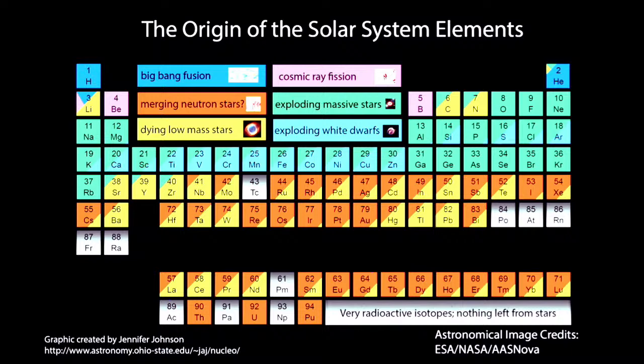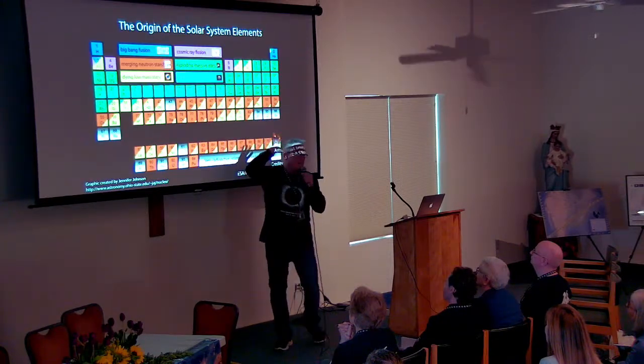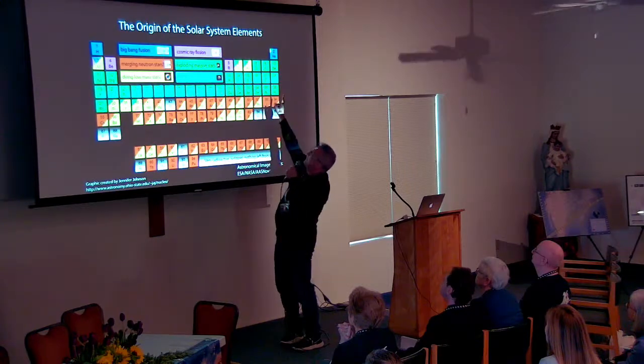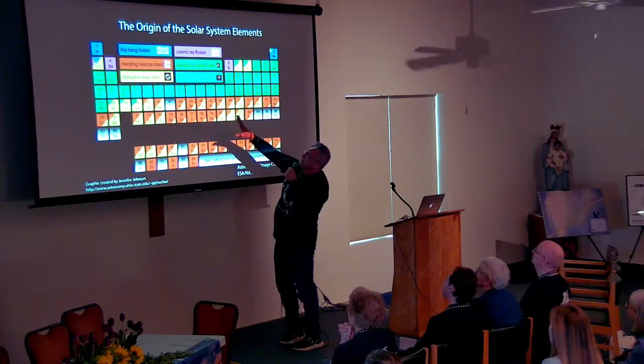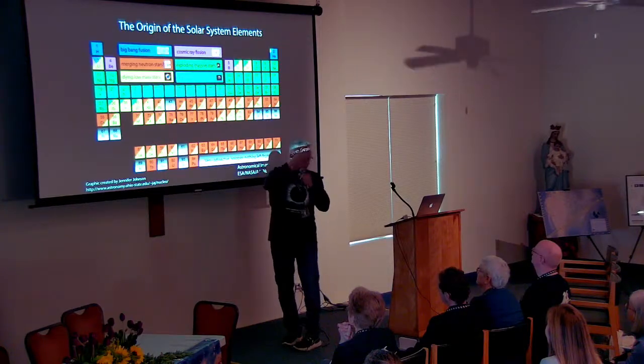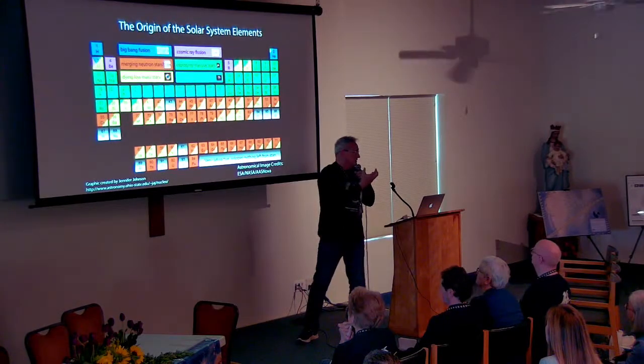Okay, this isn't forwarding. So when you look at our wonderful table here, now we can kind of assign things to where they're made over time. The blue ones are the Big Bang I was telling you about. Yellow ones are those dying low-mass stars, that big puffy thing that made a ring. Remember that planetary nebula-looking thing? The orange one is from these kilonova, these merging stars.